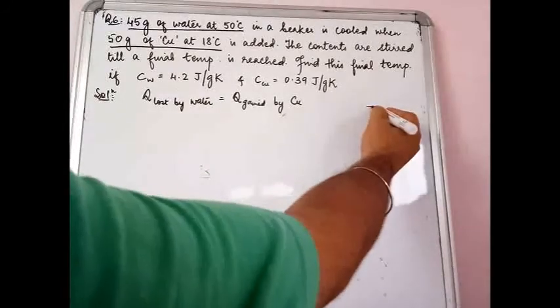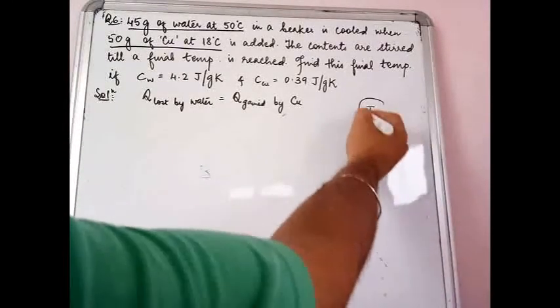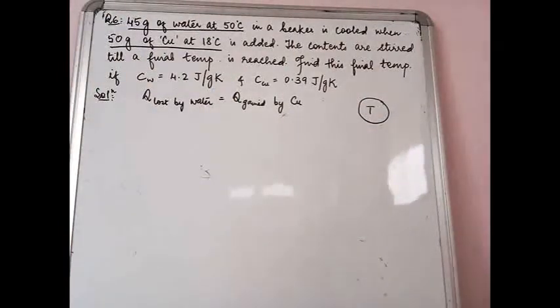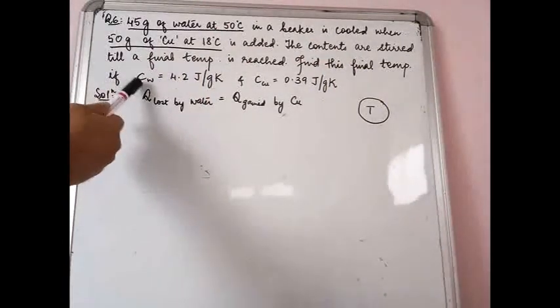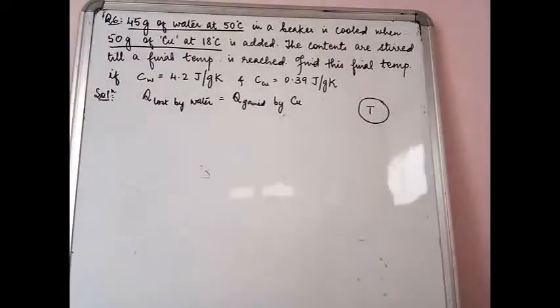So let that final temperature be T degrees centigrade or T Kelvin, whatever. Let us assume it to be T. Now we have to find this final temperature. What other information is given? CW, where C means specific heat capacity and W means water. So the specific heat capacity of water is given and the specific heat capacity of copper is also given.